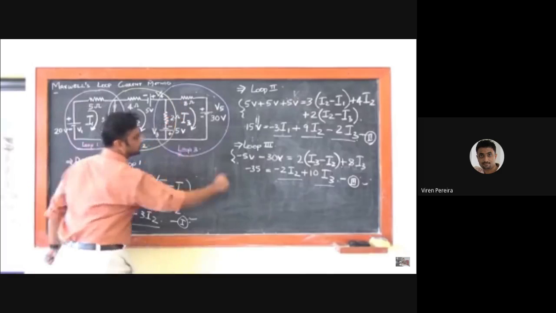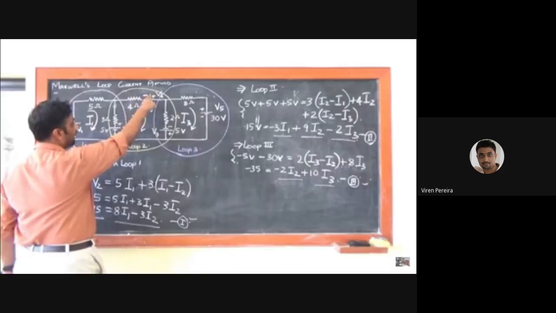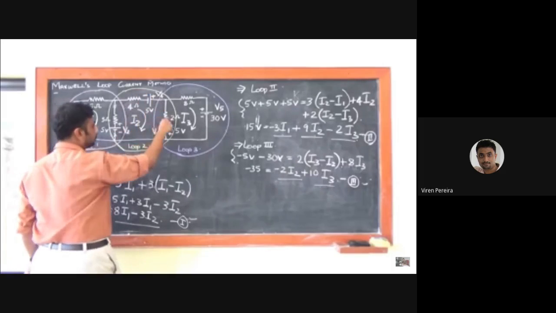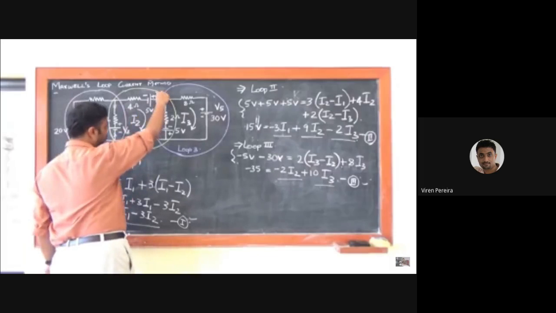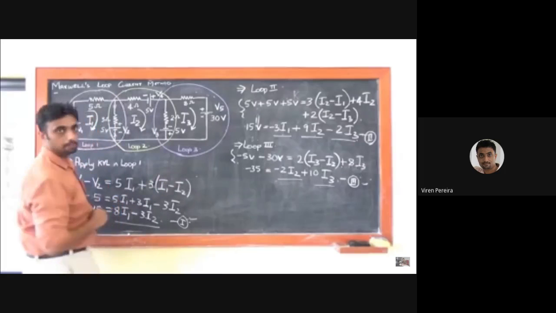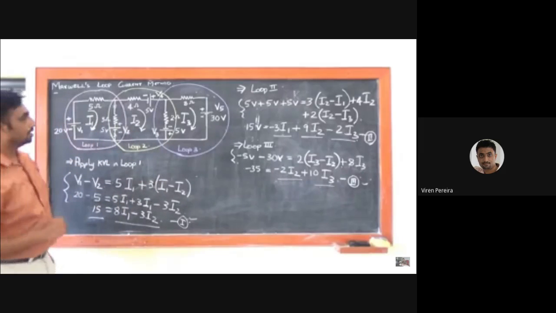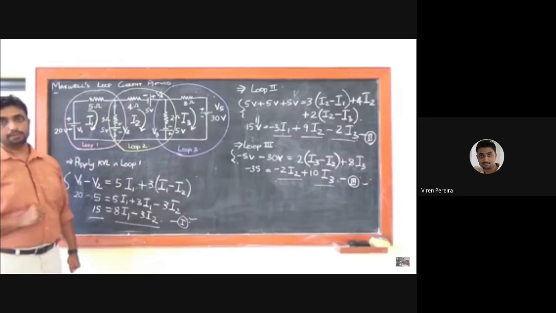So 8 plus 2 is 10. So we have plus 10 I3 and we have minus 2 I2, because even I2 is flowing in this 2 ohms resistor, but it is flowing from top to bottom and I3 is flowing from bottom to top. That's the reason why we have a negative sign for minus 2 I2.